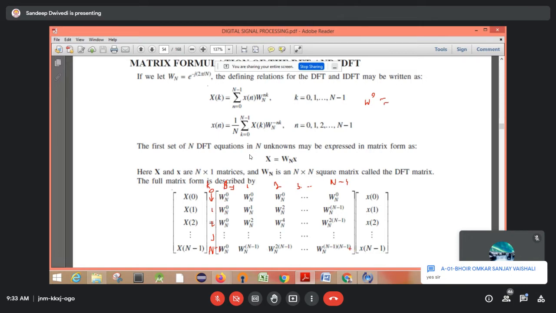So that is how you can form the matrix that I told you. Now, how can you calculate all the values over here? So w raised to power 0. What is the value of w? You can put that value, that is e raised to power minus j 2 pi.